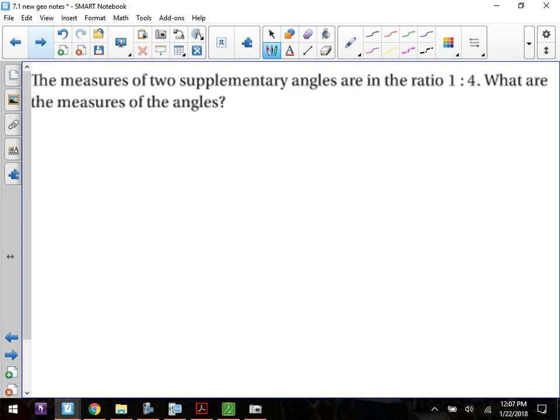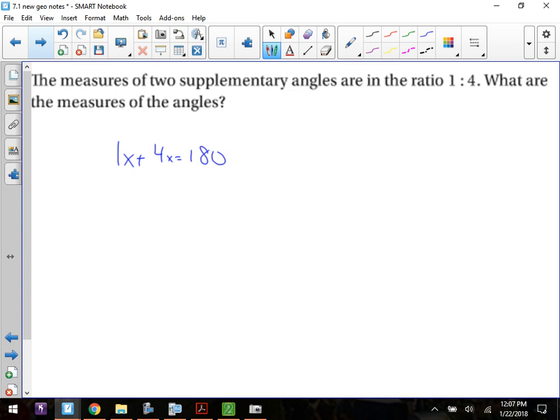But if it's supplementary, that means they add up to 180. If it's 1 to 4, what do I write that as? You're thinking of the ratios, but if I want to figure out what the angle measures are, think about what we just did with the triangles. They were 5 to 9 to 16, 5x, 9x, 16x. Here it's going to be x and 4x.